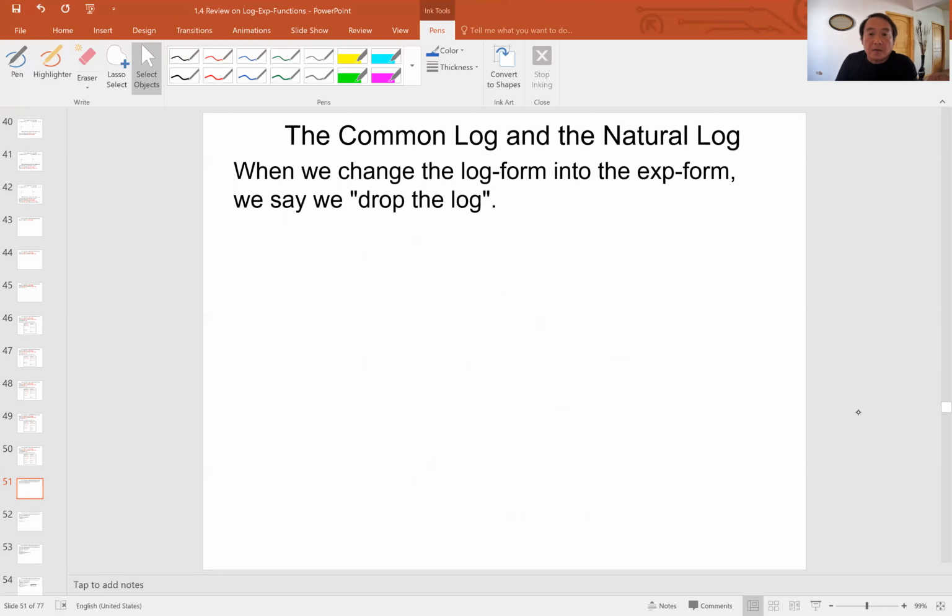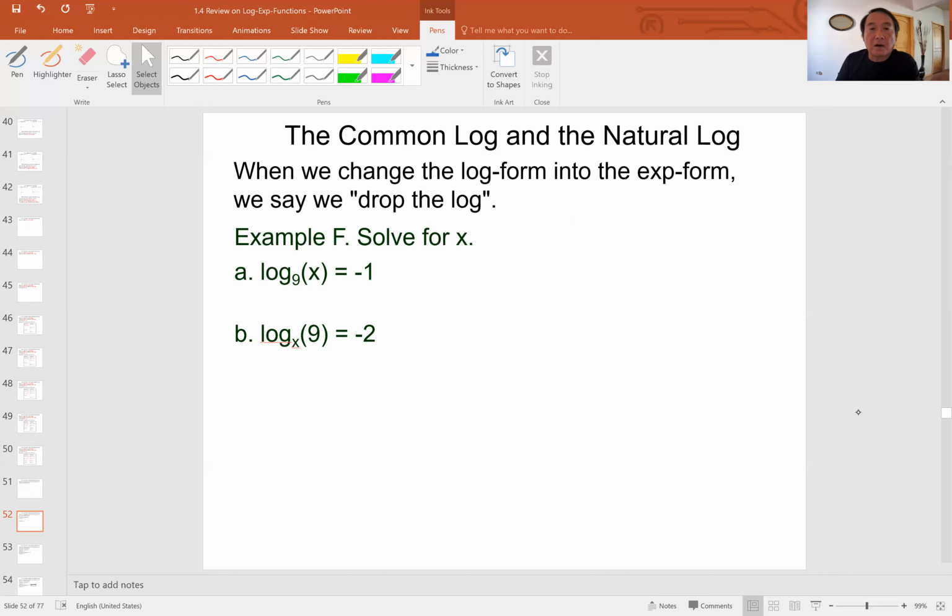And what kind of question can we ask? Well, one thing we can ask is to get x into one of the positions in the log expression and ask the students to rewrite it and drop the log. In this case, after you drop the log, you get an equation in x, and then you have to proceed to solve that equation.